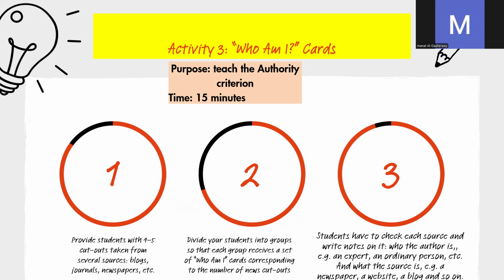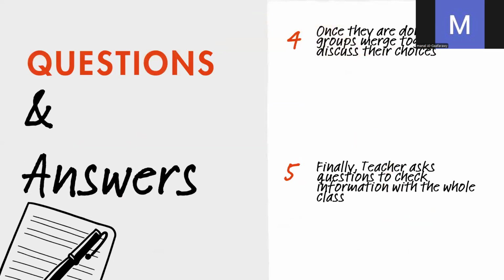After this step, students have to check each source and write notes about it. Who the author is, whether the author is an expert, an ordinary person, and what the source is, whether a newspaper, etc. Once they're done with that step, each 2 groups merge together to discuss their choices.